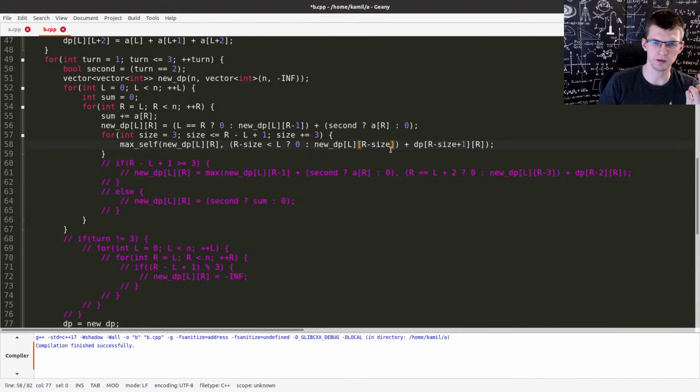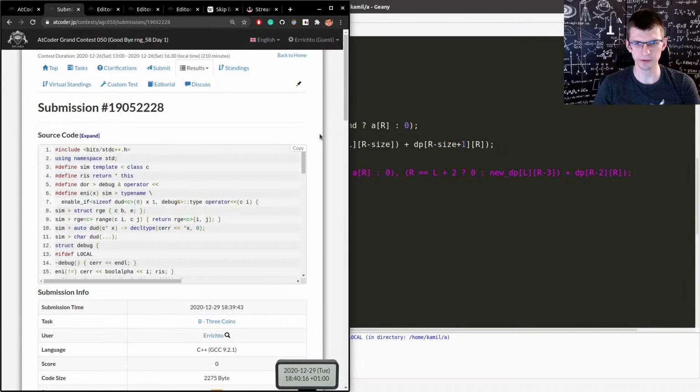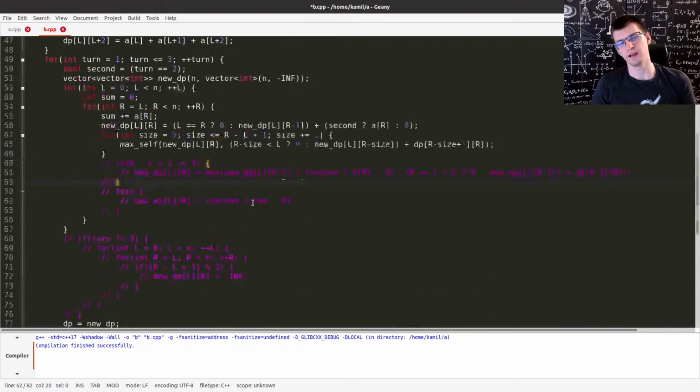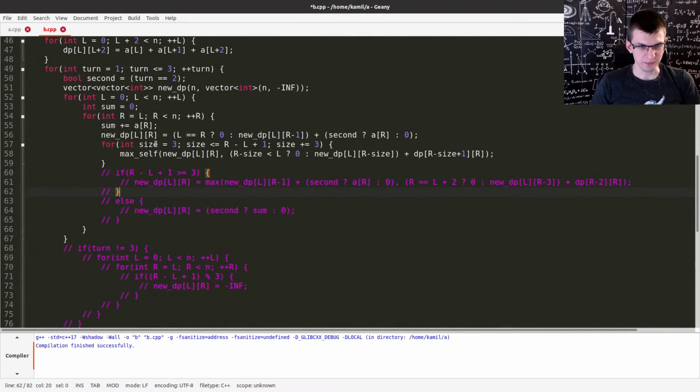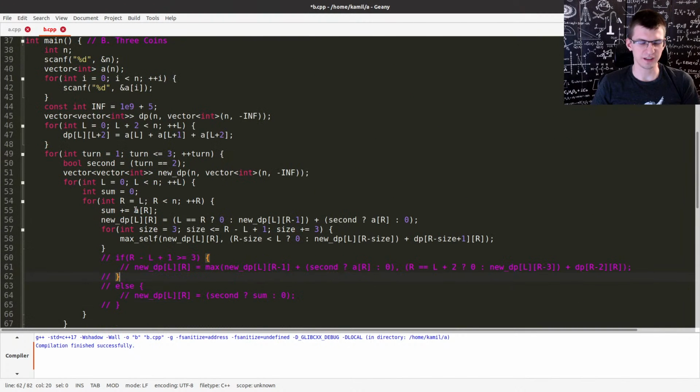I don't use the previous DP stage in any other way than here. Alright, this should be the same. I think for every test it will give exactly the same answer, right? I hope that my lemma is correct. If not, and it happened to me in the past that I was solving an Atcoder problem for an hour and then it turned out that my first idea was completely wrong and I wasted time.